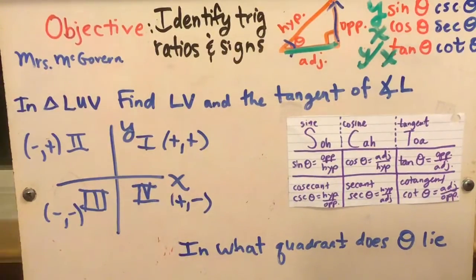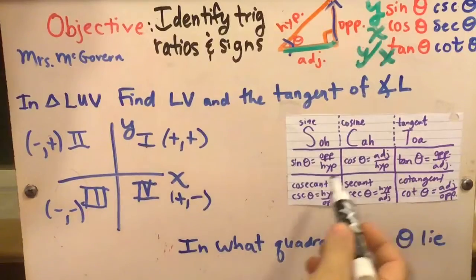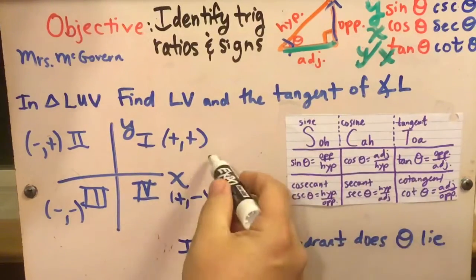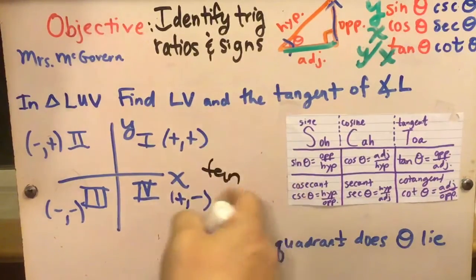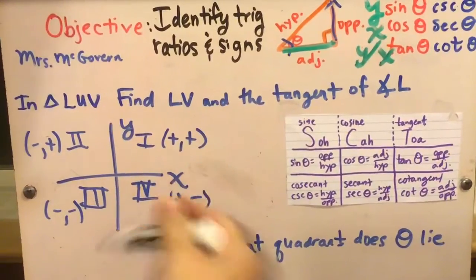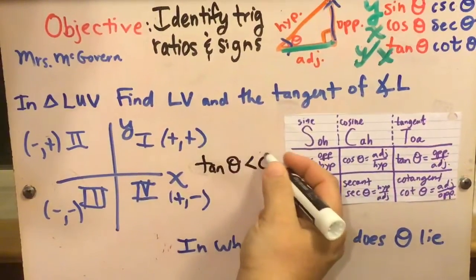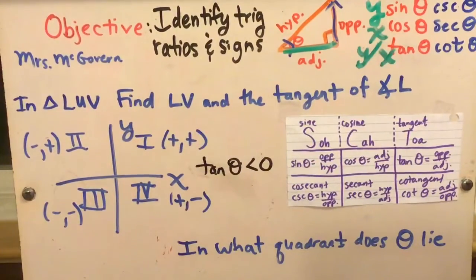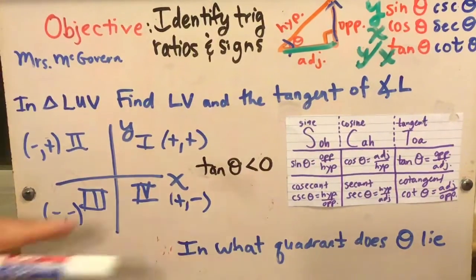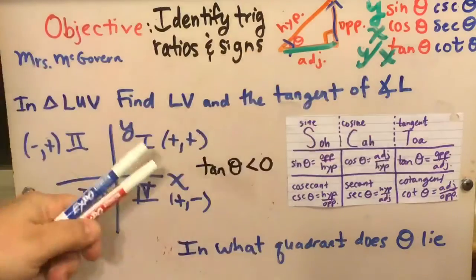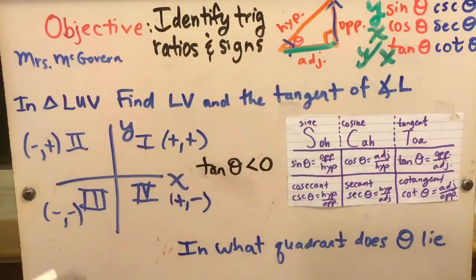So for instance, if I said, when is the tangent of an angle negative? That says less than 0. Since tangent is y over x, a positive over positive stays positive, and a negative over negative turns positive.